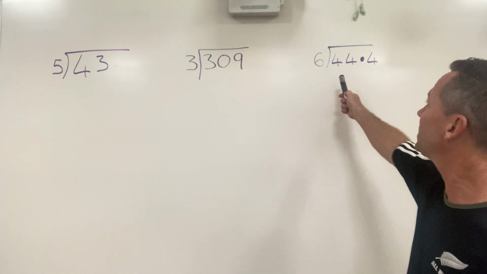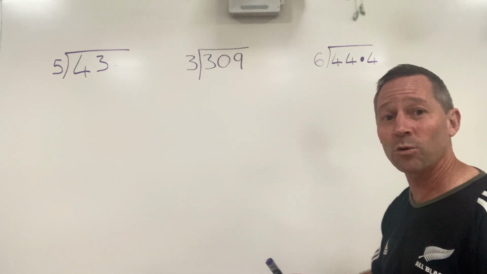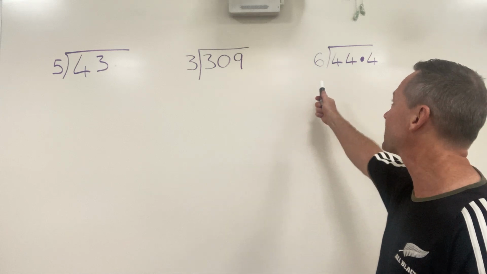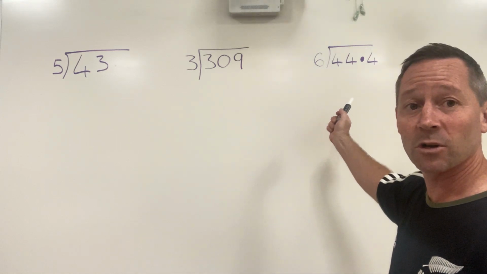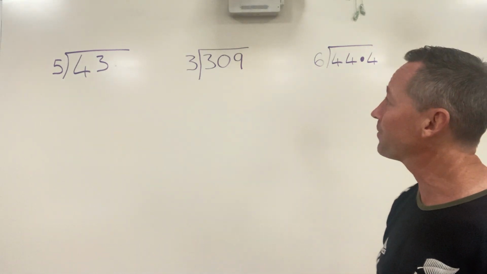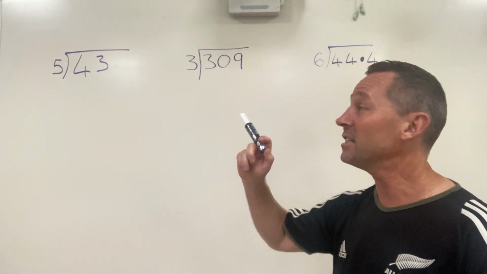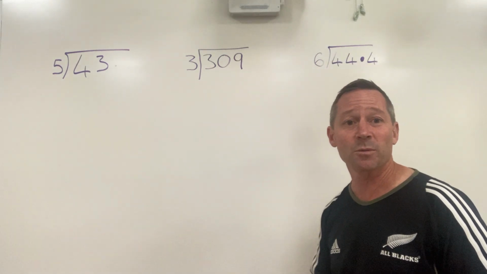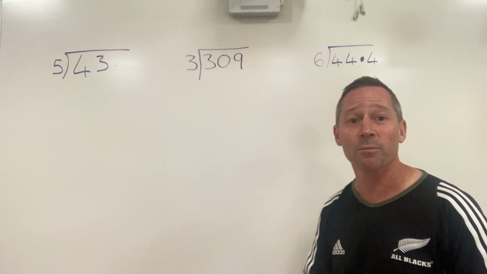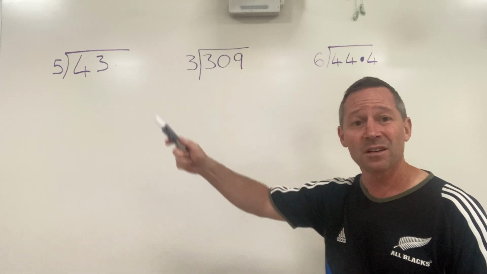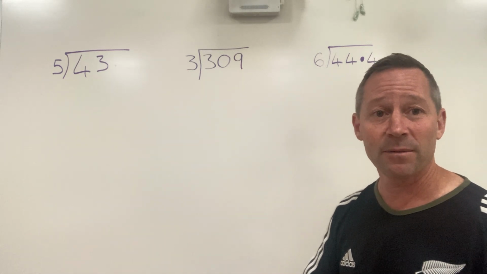This one here is 44.4 or 44 and 4/10 divided by 6. So this one looks like we're going to have a decimal point in there. Best suggestion is to use your multiplication skills to estimate what the possible answer could be. So if you know your 5 times table, 5 times 10 would be 50.